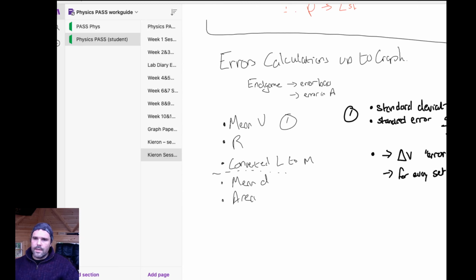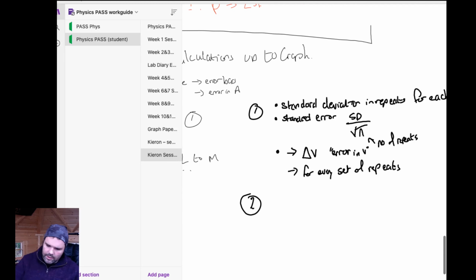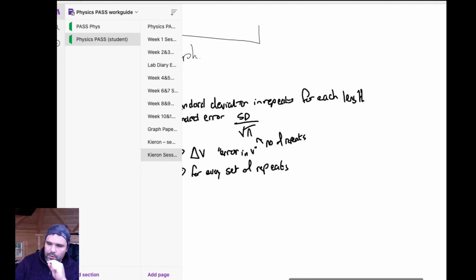Right. Moving on to number 2. How do we then get the error in the value for R? Right, so you've got to look at how you calculated it. Oh, sorry, no, there's one more thing. If your 3 repeat readings are the same, then you're going to get an error which is 0.